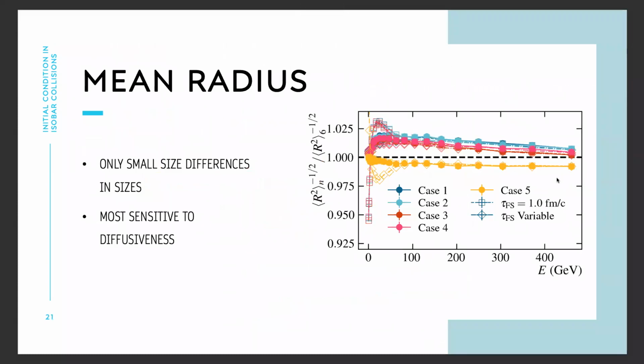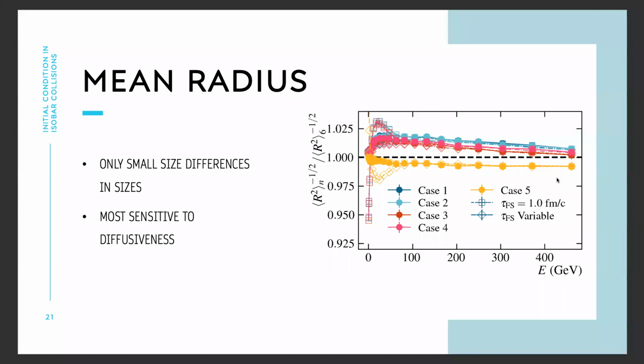For the mean radius, this is interesting because there are suggestions that this could be related to the mean pT. If we look at cases 1, 2, 3, 4, which change the quadrupole and octupole deformations and the triaxial parameter, they have a small effect, but it's not very noticeable.